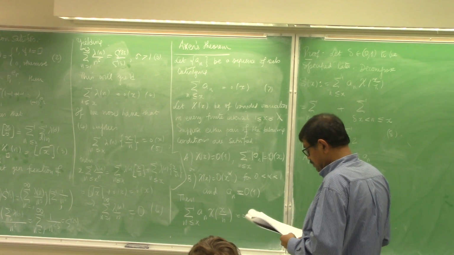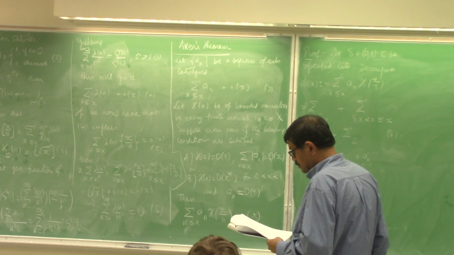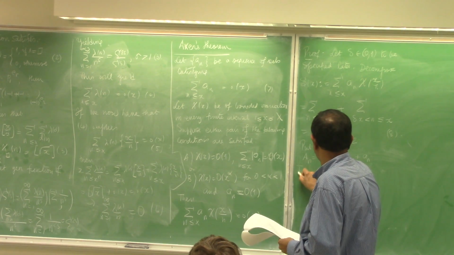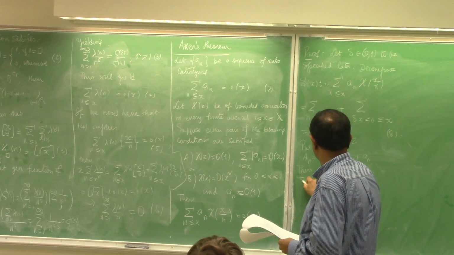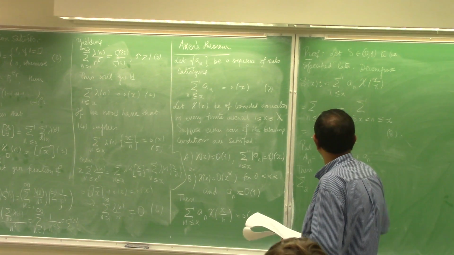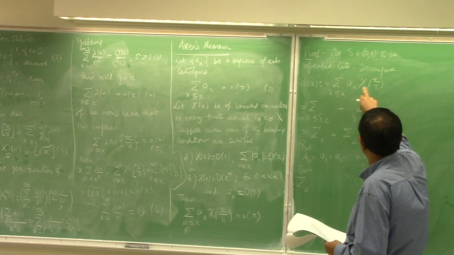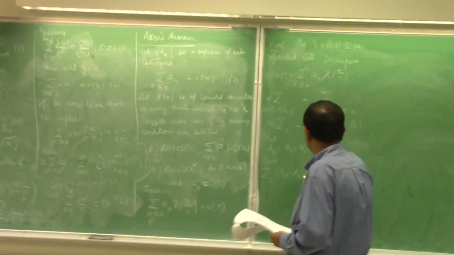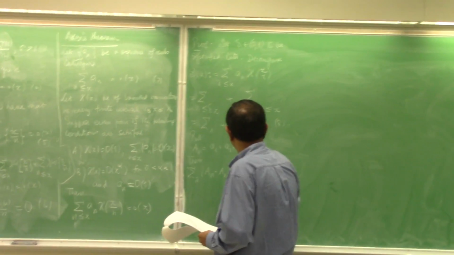Now, what can we say about S2 or sigma 2? Sigma 2 has a n, right? So this is a n times chi of x over n.